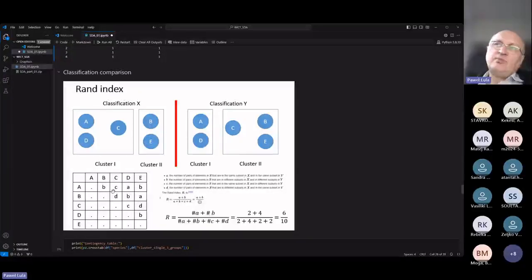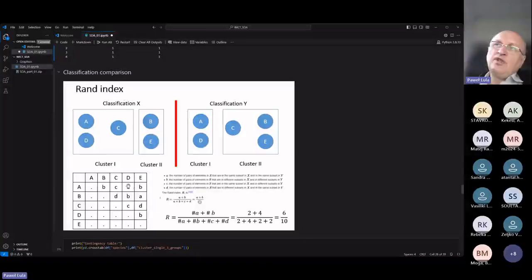I put here the symbols A, B, C, or D. And I put letter A if the objects represented by a given row and a given column are in the first classification in the same cluster and also in the second classification in the same cluster.